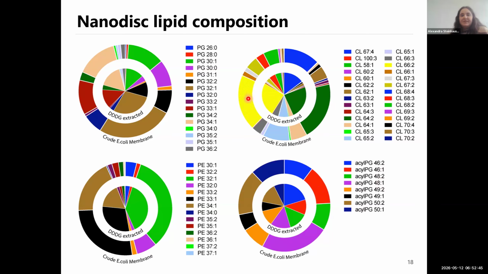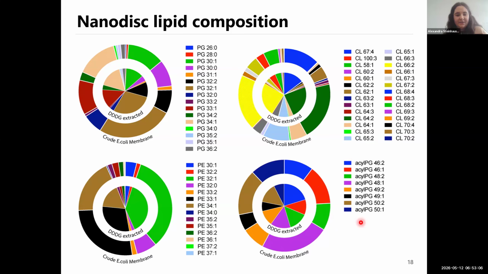And these are all lipids that are abundant in E. coli. And I think what we can see quite well is that DDDG extracted exactly the E. coli membrane lipids, except for here, where it's a bit different, but acyl PG compared to the other three is least abundant.